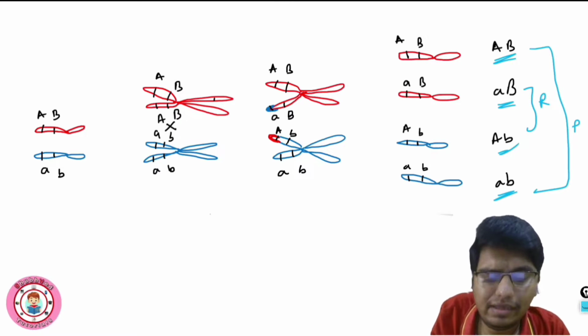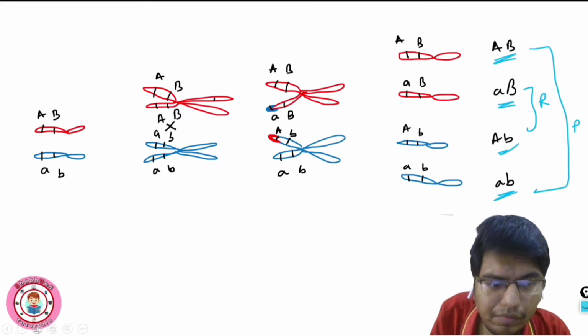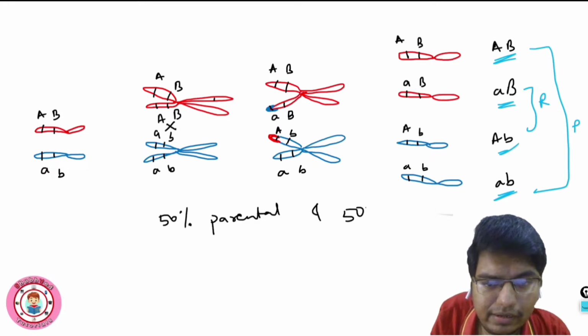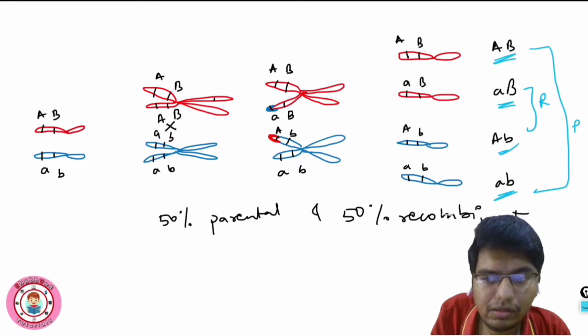So what we can see, 50% parental and 50% recombinant. So parental and recombinant.